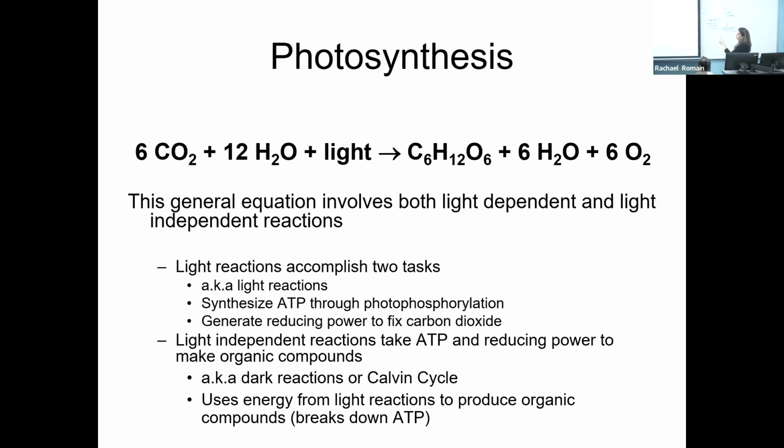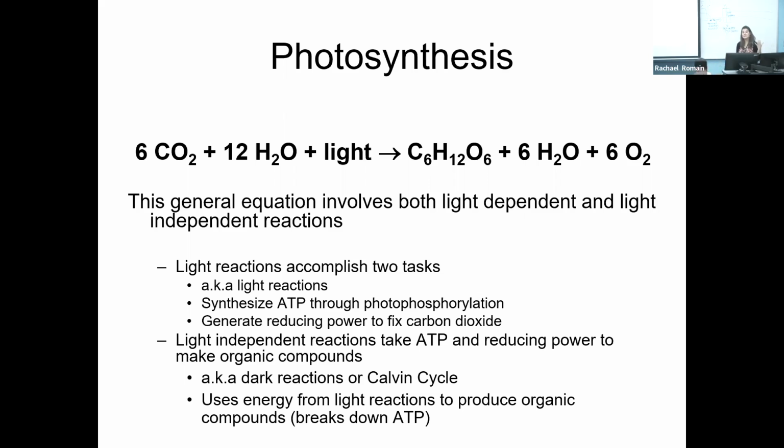One of the things you will notice from this equation, the general equation for photosynthesis, is that we start with carbon dioxide, water, and sunlight, but we produce glucose, water, and oxygen gas. Some of these processes will look similar to you, but they're almost opposite in terms of what they produce. There are two sets of reactions here.